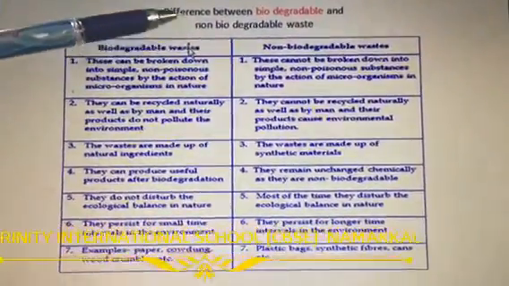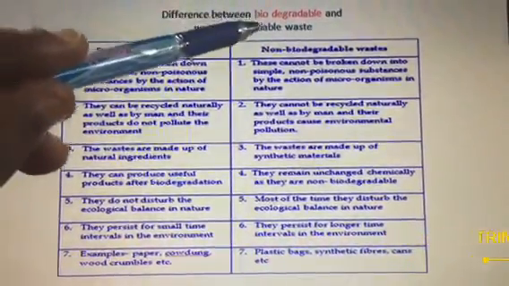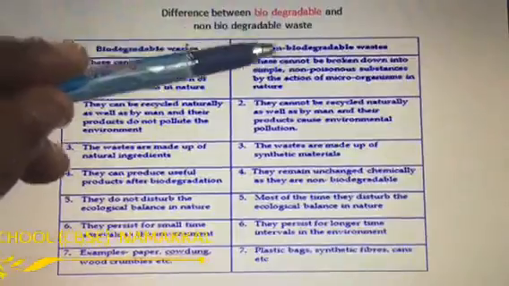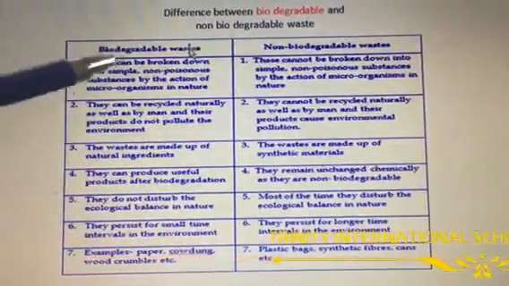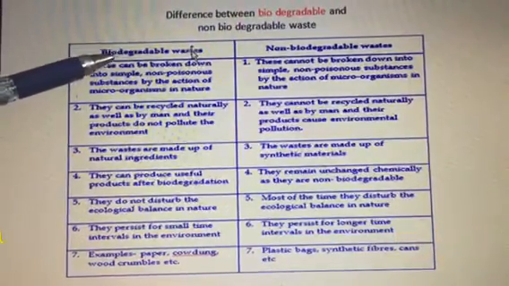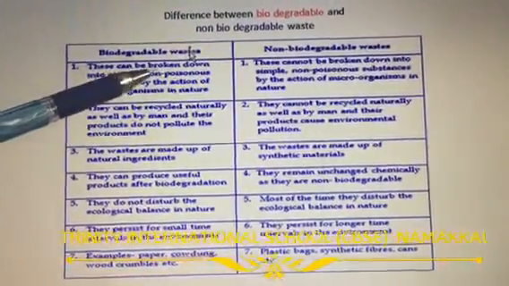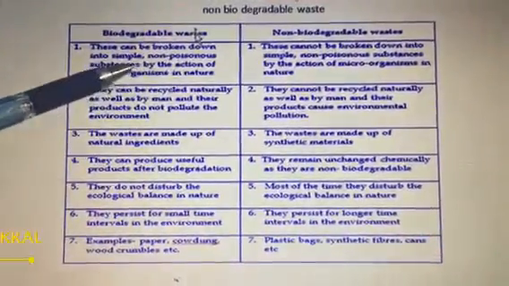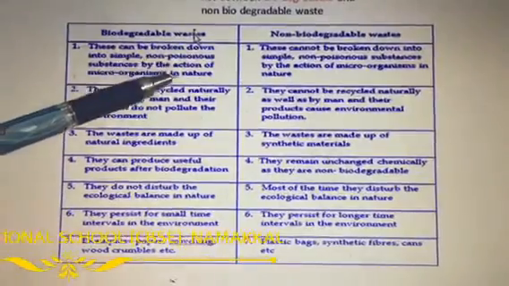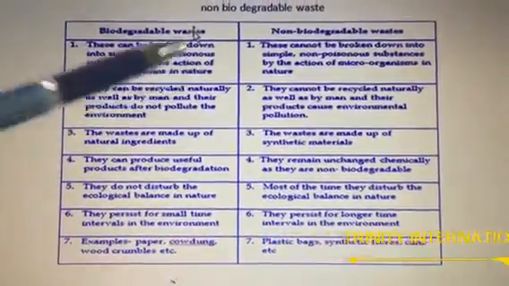Now, the difference between biodegradable and non-biodegradable waste. There are two types of waste we discussed. First one is biodegradable waste. These can be broken down into simple non-poisonous substances by the action of microorganisms in nature.